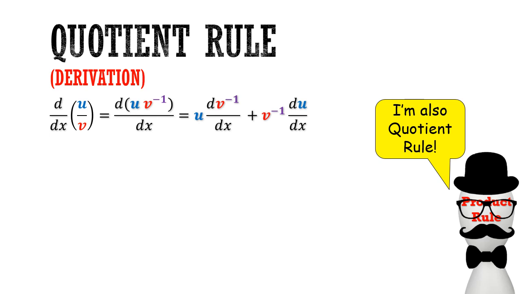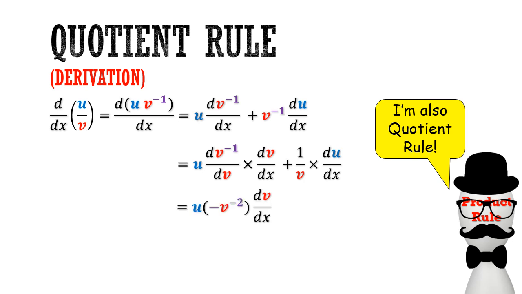Now, the first part, I need to differentiate v to the power of -1 with respect to x. So I need to apply the chain rule. So I first differentiate v to the power of -1 with respect to v, and I multiply by the chain, the dv dx. For the second term, I'm just going to change v back to the denominator, so I'll get 1 over v times du dx. Now let's go back to the first term. I need to differentiate v to the power of -1 with respect to v, so that's going to give me negative v to the power of -2.